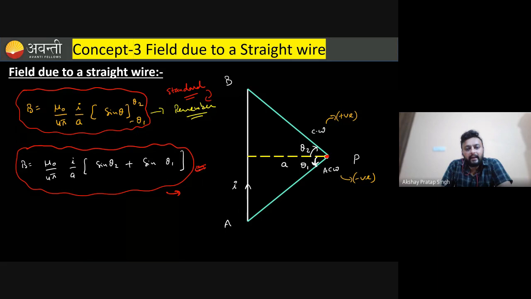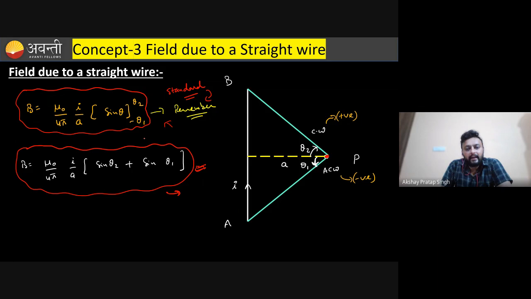But if something unusual happens, like both the points A and B are on one side of the point, then you can't use this relation. You have to go to the basics. First of all, write down the formula in your notebook so that we can use it whenever needed.